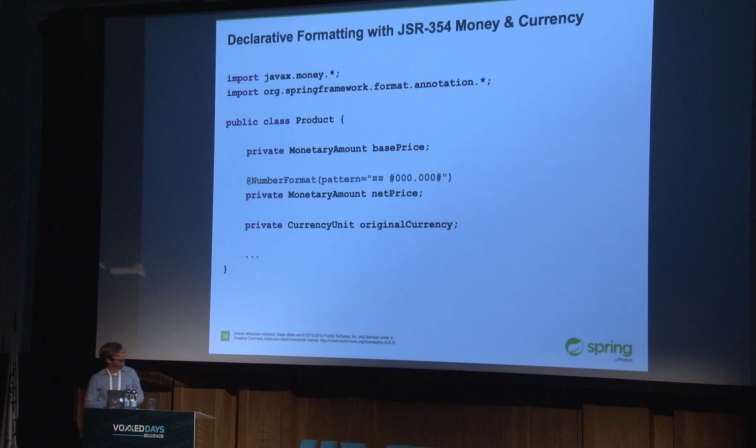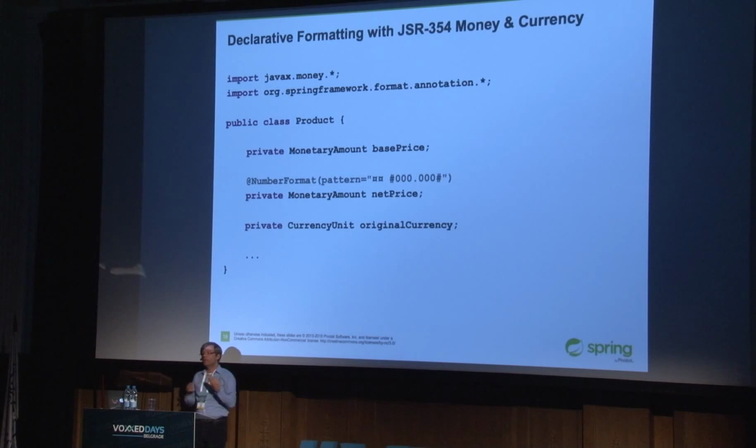We even do this as of Spring Framework 4.2 for the money and currency types. Brand new JSR 354, the javax.money package, released about half a year ago. If you happen to use the arrangement there, in particular the MonetaryAmount type and the CurrencyUnit type coming from the javax.money package, we're auto-detecting your use of those types, and we automatically understand how those need to be rendered and how those need to be parsed.